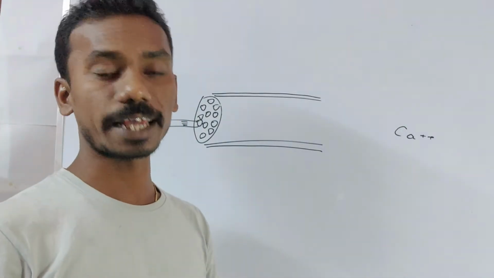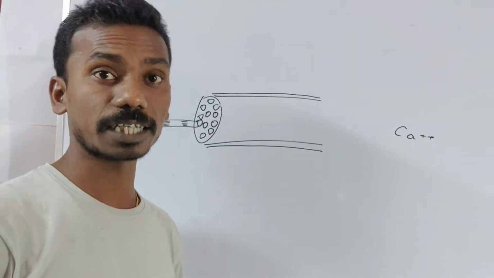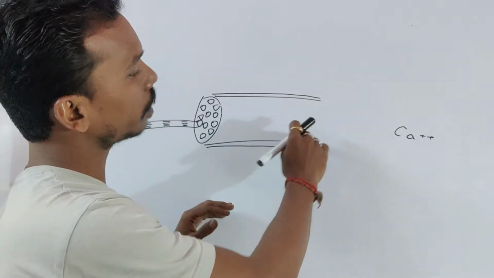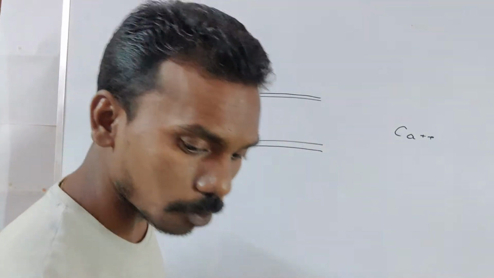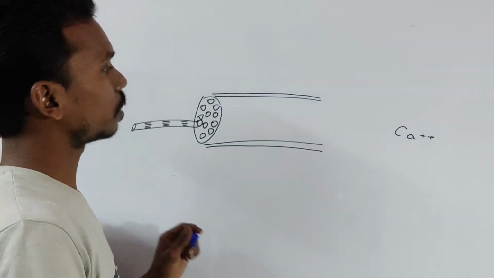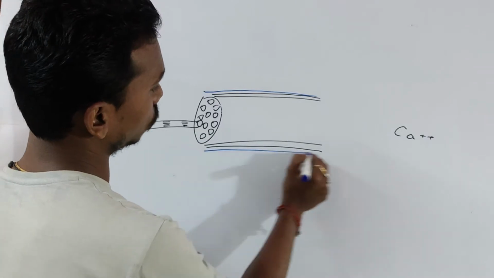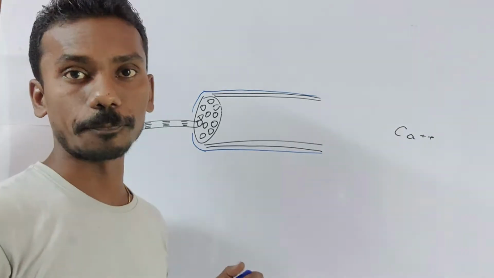This calcium ion plays a very crucial role in muscle contraction and relaxation. So this muscle fiber is covered with sarcolemma, and this sarcolemma along with the muscle fiber is covered by a connective tissue. This connective tissue is the endomysium.